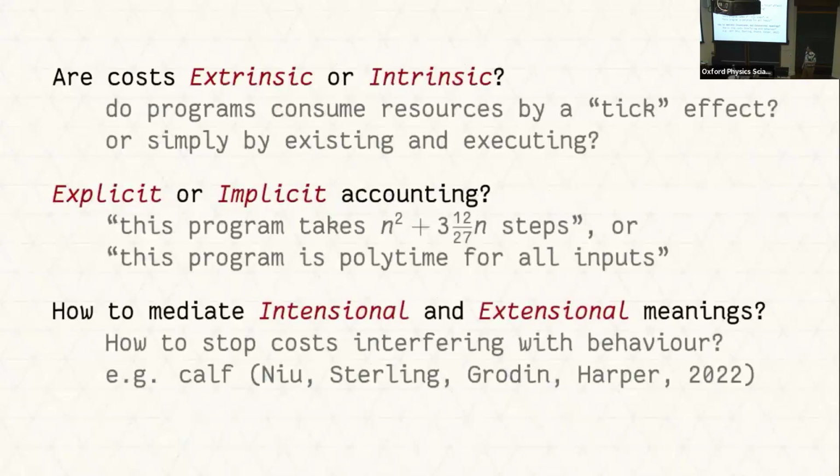There's quite a big design space here, and I'm just going to pick part of it. So one is, are the costs extrinsic or intrinsic? There have been quite a few works where the programmer is expected to add some kind of tick effect that happens, and then afterwards you prove something about how many ticks occurred during the execution.